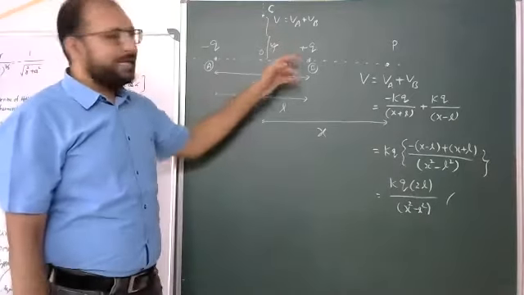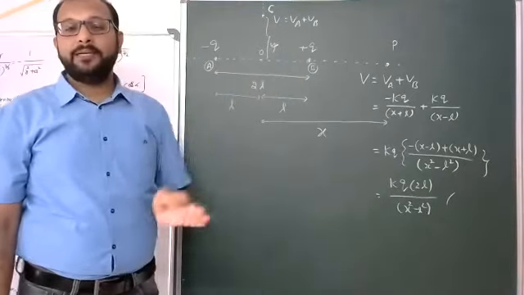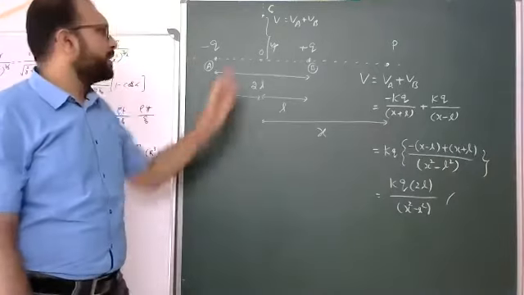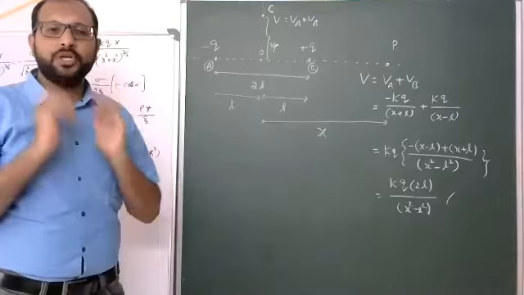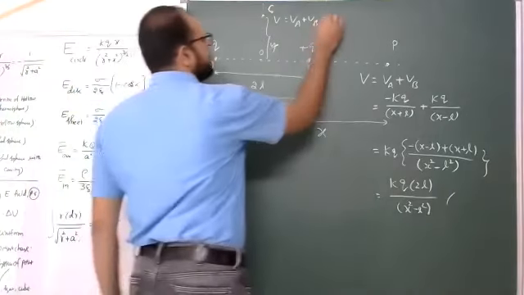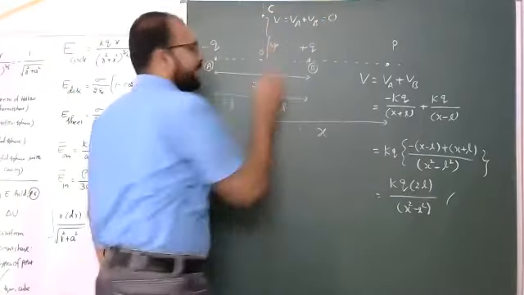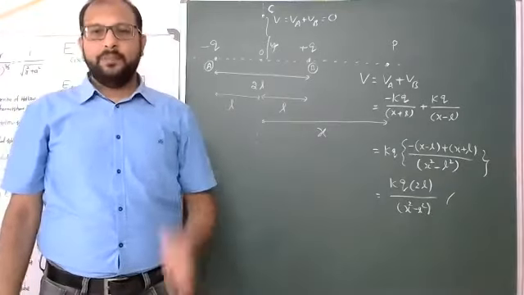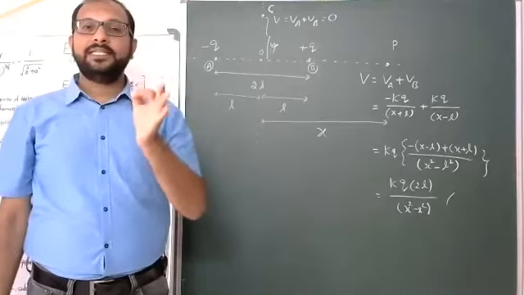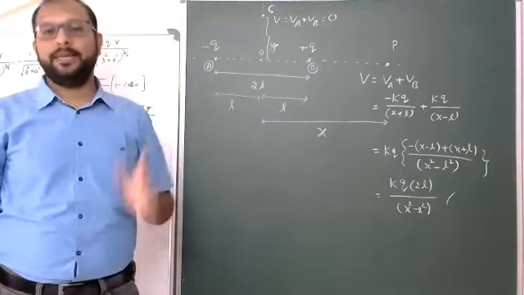But this potential is KQ divided by root over L square plus y square. Yes, after adding, we will get zero potential. So students, here on the equatorial line, the electric potential is zero for the electric dipole.